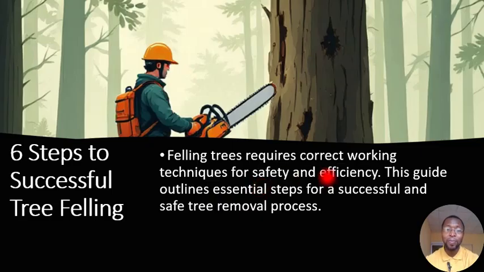If these techniques are not followed, there may likely be accidents in the forest, or probably damage to the wood itself or the timber itself. So this guide outlines essential steps for a successful and safe tree removal process. All right, so without further ado, let's dive into these steps.